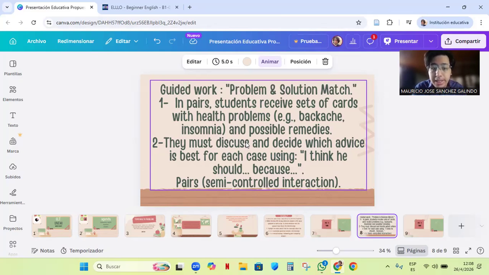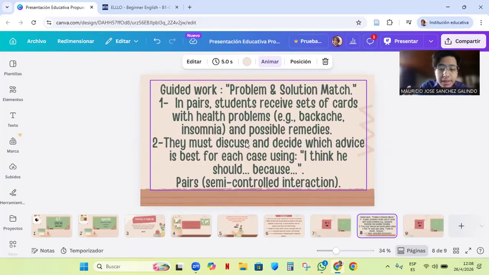Once you have been given this set of cards, you must discuss and decide which advice is best for each case. For example, let's suppose that you receive the card that says backache, and another card that says take paracetamol. So you can give an advice.